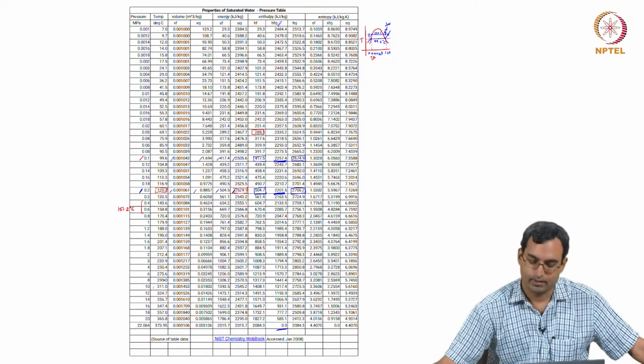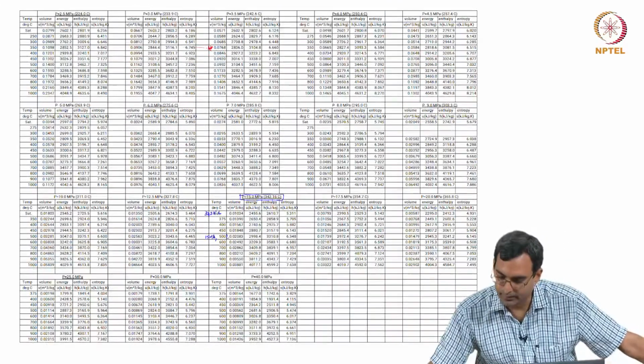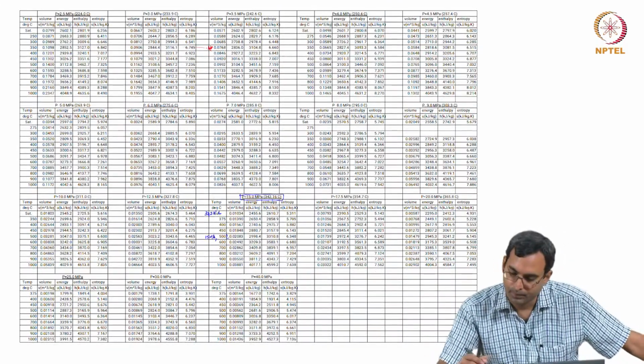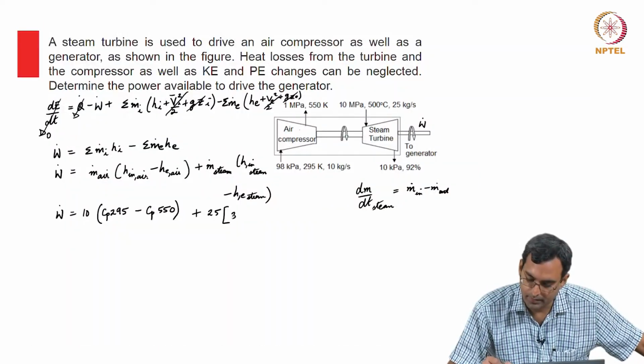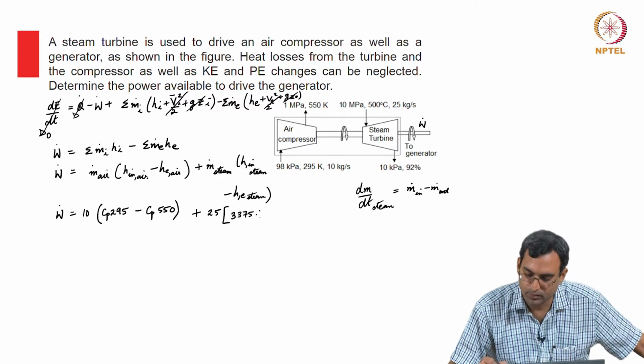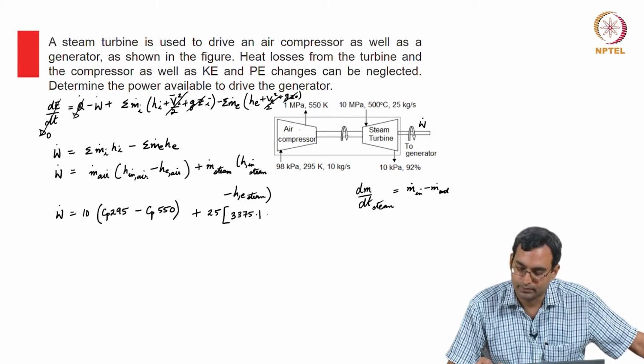So, it must be superheated. So, I want the superheated table at 10 megapascal, which is here, and 500 degrees centigrade. So, the enthalpy is 3375.1 from here. So, I have 3375.1 kilojoule per kg at the inlet.